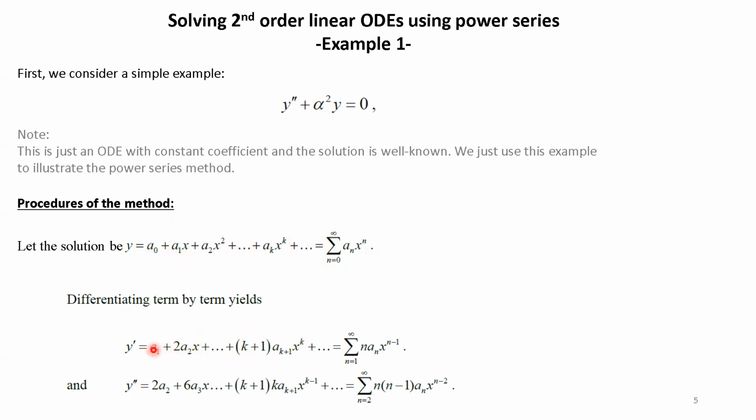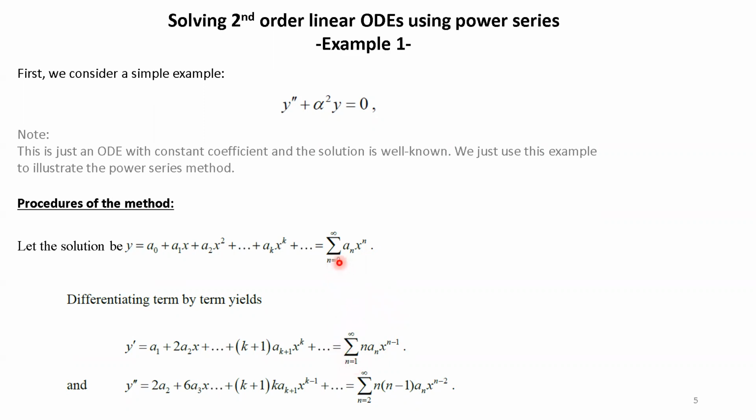So this y prime is written like this. The differentiation is very simple, because x to the n becomes n times x to the n minus 1. One slight detail here is that this one goes from n equals 0, and this one just goes from n equals 1.